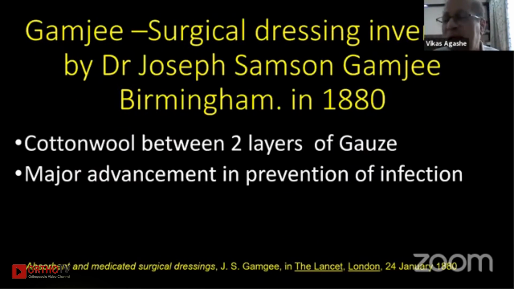So this was a surgical dressing invented by Dr. Joseph Gamgee way back in 1880. So 2 layers of gauze and cotton, and that was one of the major breakthroughs for the dressing purpose. And the infection rate has supposedly gone down. He had published it in Lancet in 1880, almost 140 years ago.